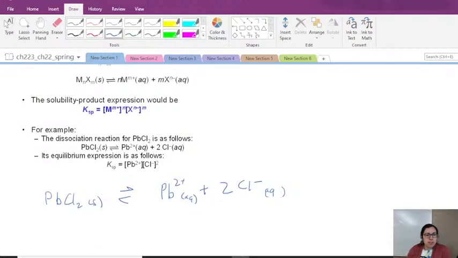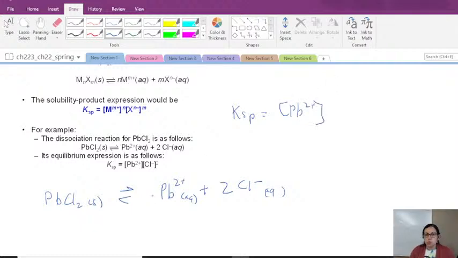And so now it gives us this expression here, and let's go back and derive it. So what the heck is KSP? Well, now we're just writing what it would be. KSP is just equal to the product of your ions. Except now we take the concentration of lead to the power of its coefficient.